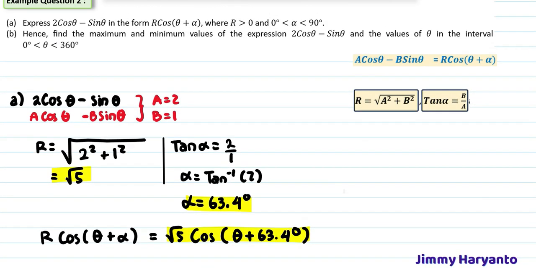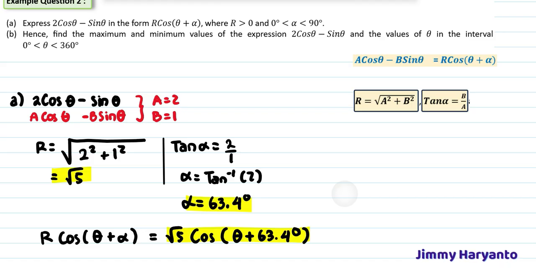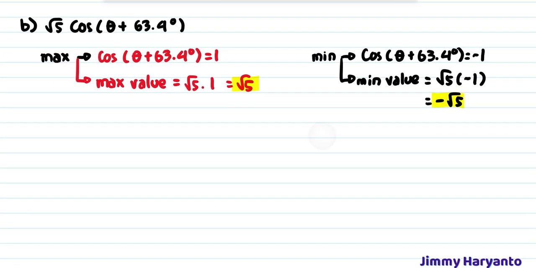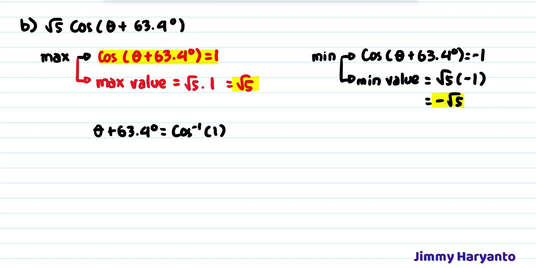Next, the question wants you to find the value of theta also. For this one, we can move the cos, so we'll have theta plus 63.4 degrees equals cos inverse 1, and then find the basic angle using your calculator. So you'll have 0 degrees as the basic angle, and then use the quadrant.